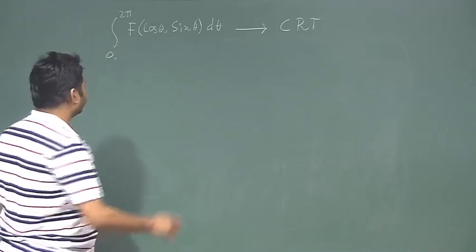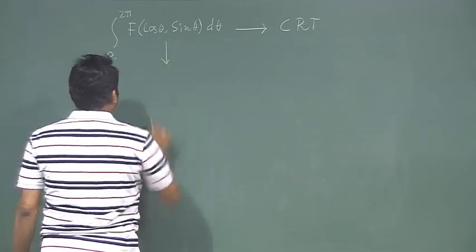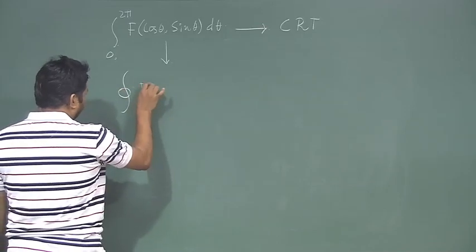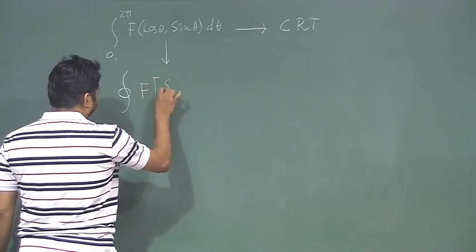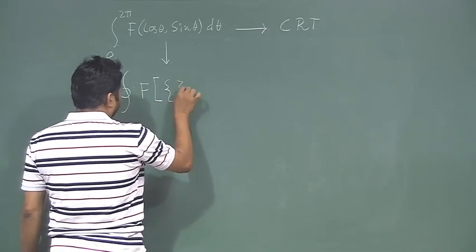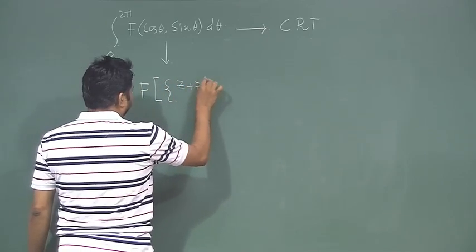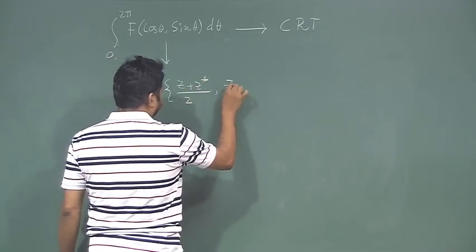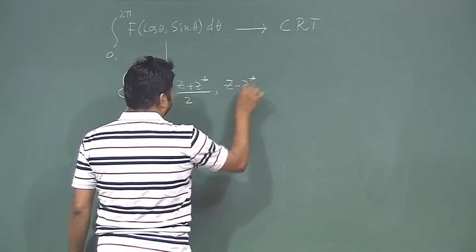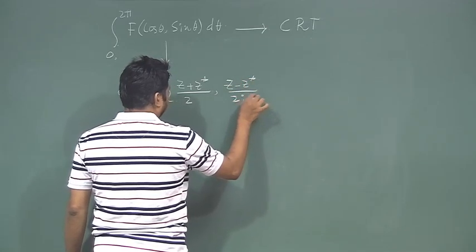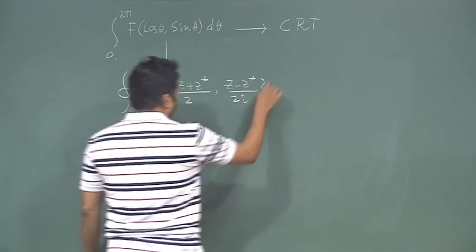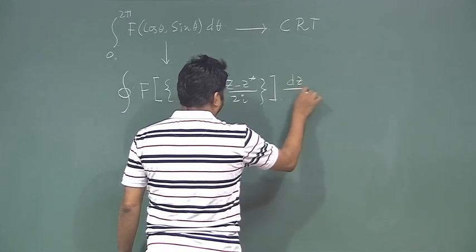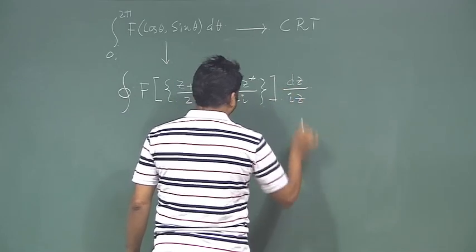I know what the recipe of conversion is. So, this integration now becomes a closed integration of a function of z plus z star by 2, z minus z star by 2i, d z by iz.